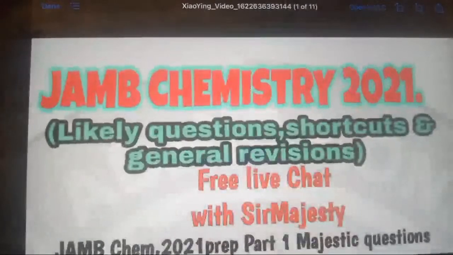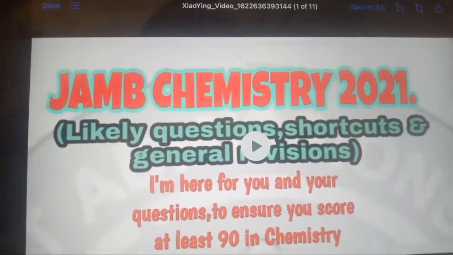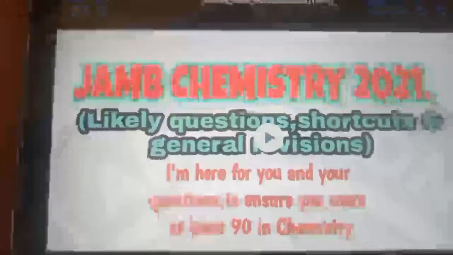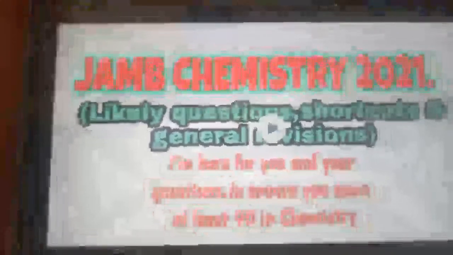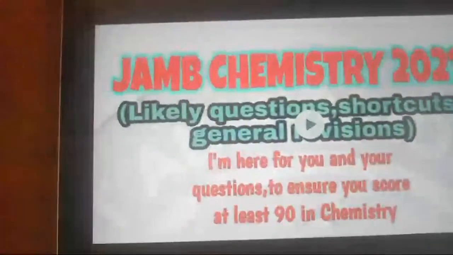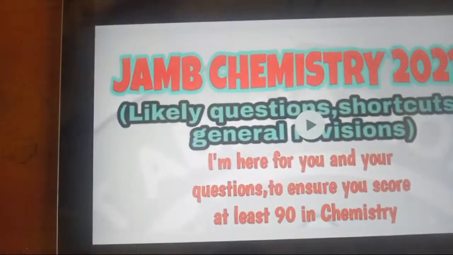I am live and I'm here for your questions. So endeavor to bring your questions as quickly as possible and make them snappy, and remember that you should save time. It's just a 45 minutes live stream, and we have started already.